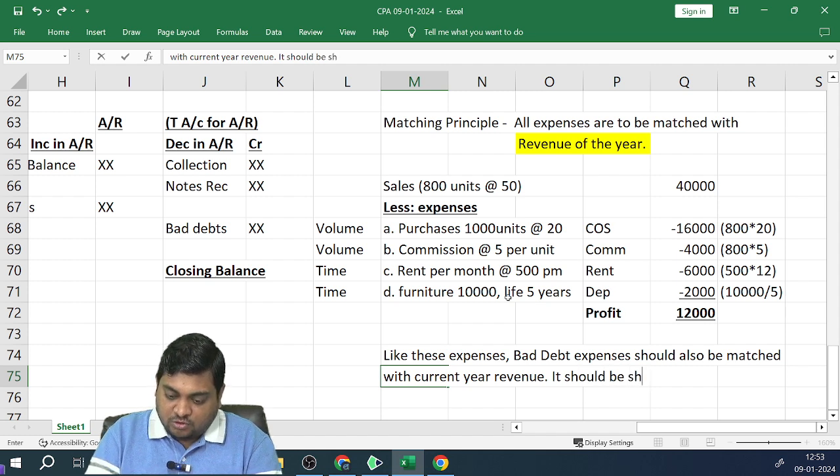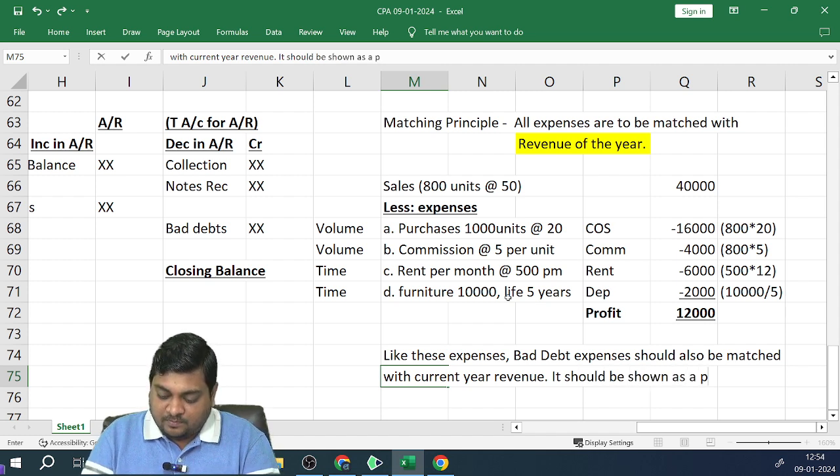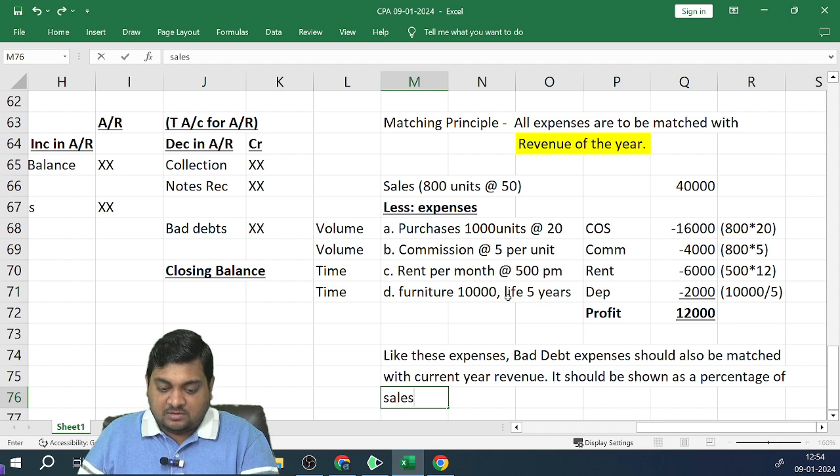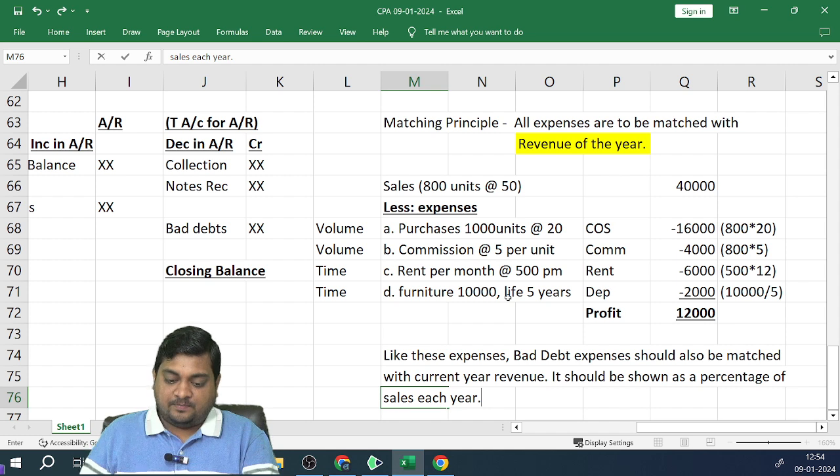It should be shown as a percentage of sales.